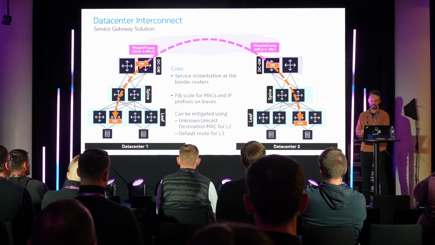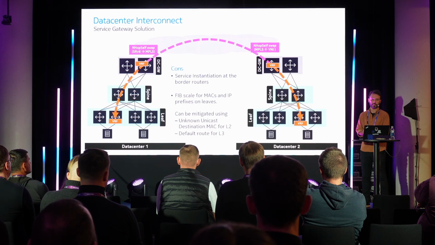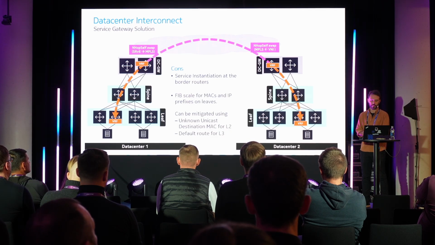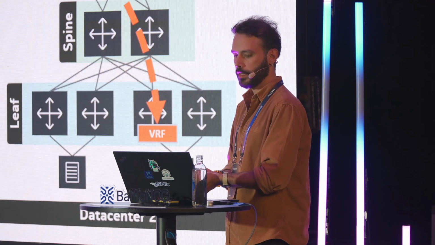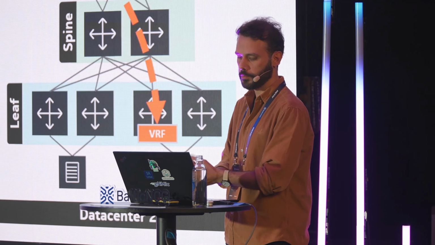The next hop VTEP scale pressure is gone. Data center gateway is taking care of that. The FIB scale, the IP scale problems are gone because the data center gateways can announce a default MAC or default IP address.